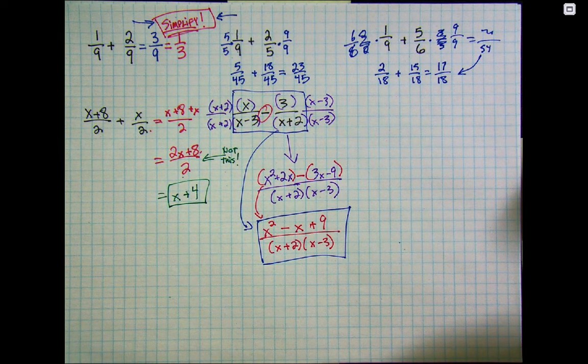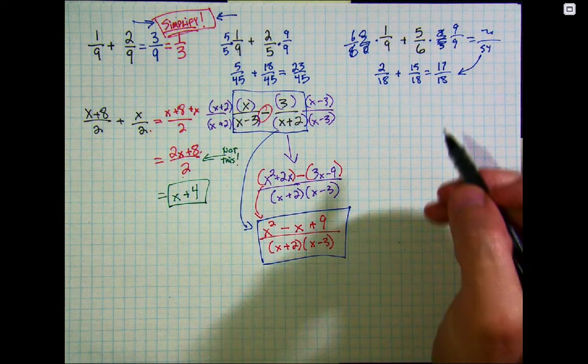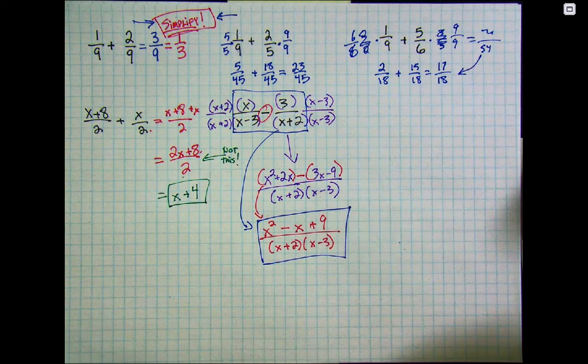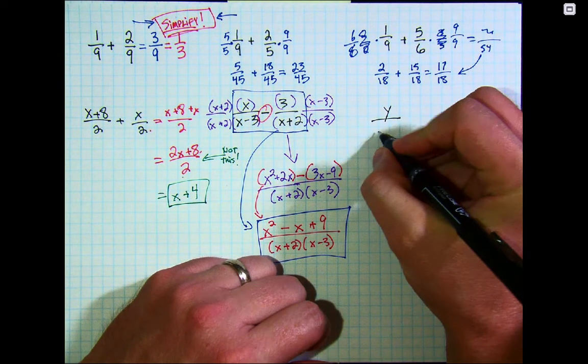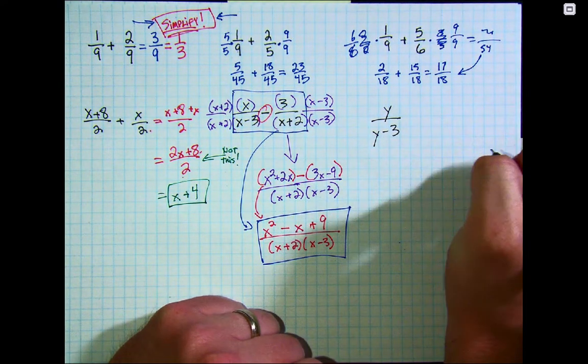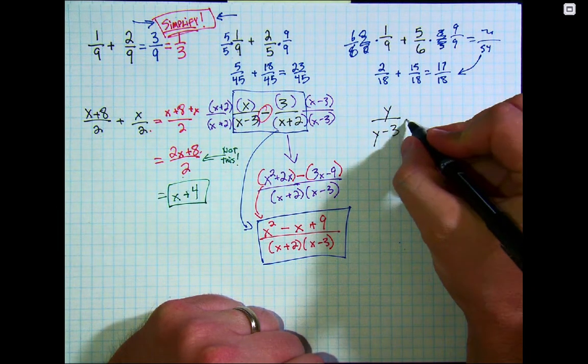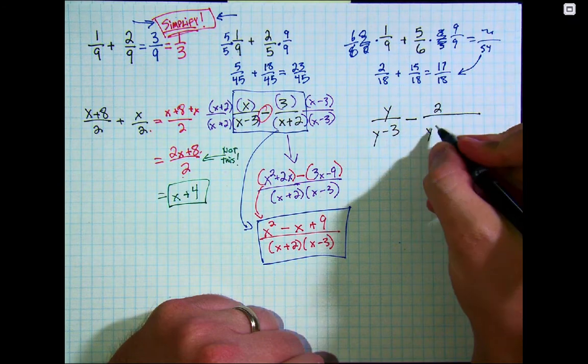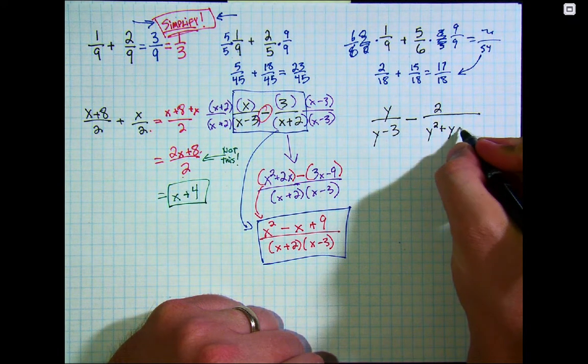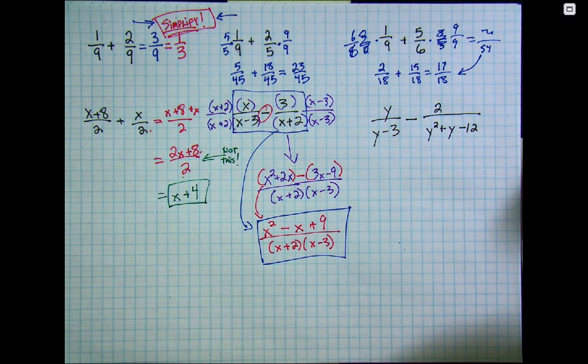Okay, let's try that one more time. And we're going to do a problem that's a little bit more related to this. Now I'm going to do y over y minus 3, and then minus 2 over, watch this one, y squared plus y minus 12. Complicated.